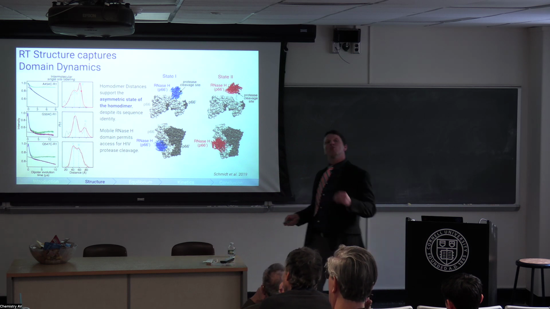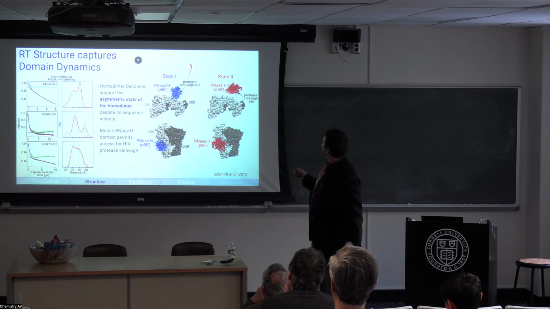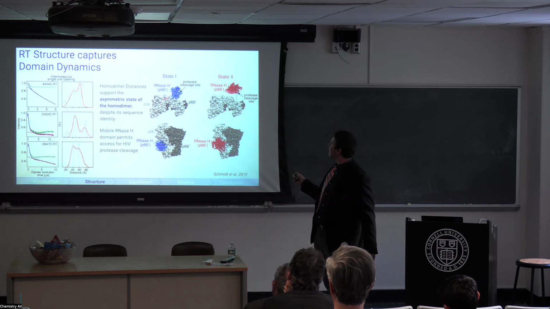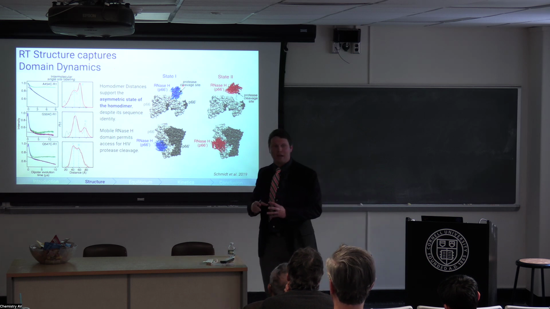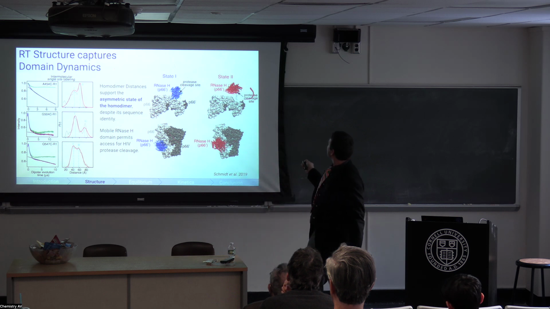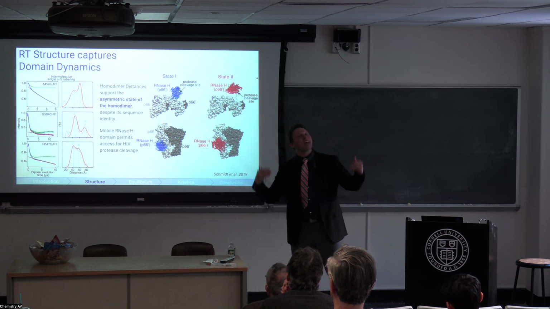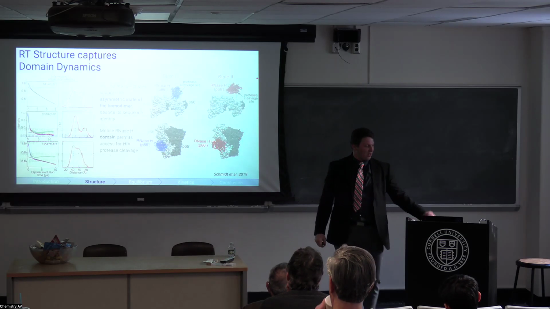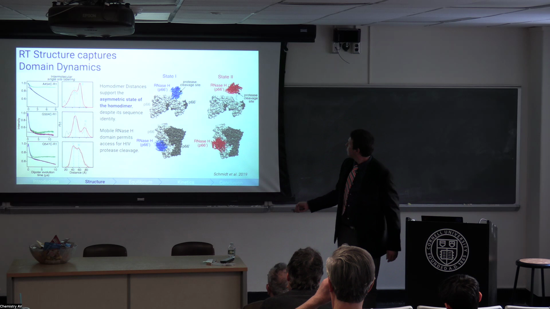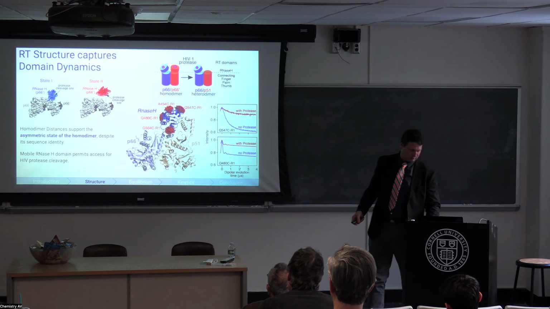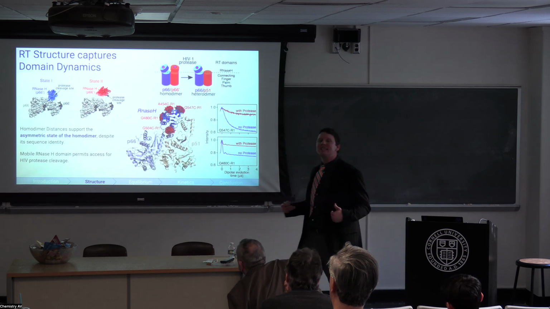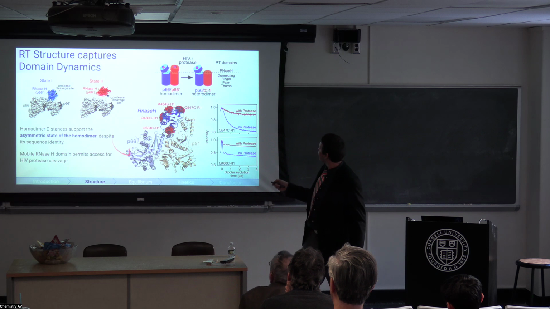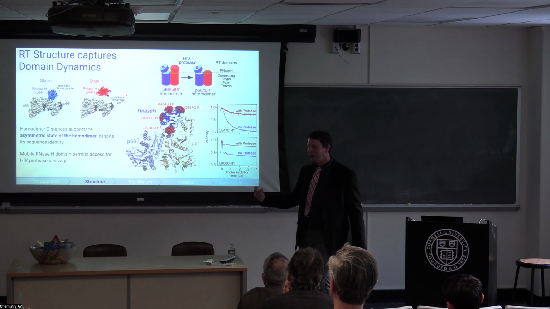This will give rise to a two-member ensemble, where one of them, one RNase domain, is actually collapsed onto the homodimer, whereas state 2 is rather extended. Now, you will already understand right away that indeed, probably the extended state allows for some access and ultimately results in the cleavage of the RNase-H domain.